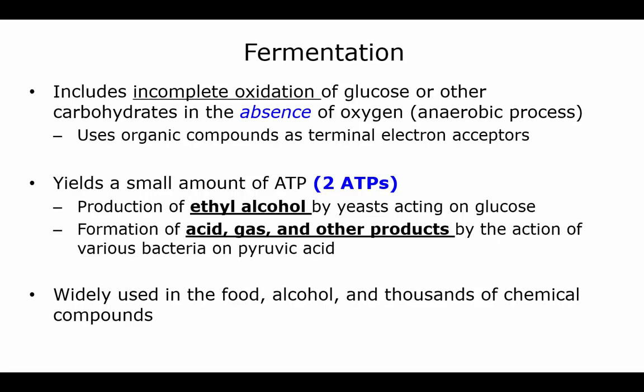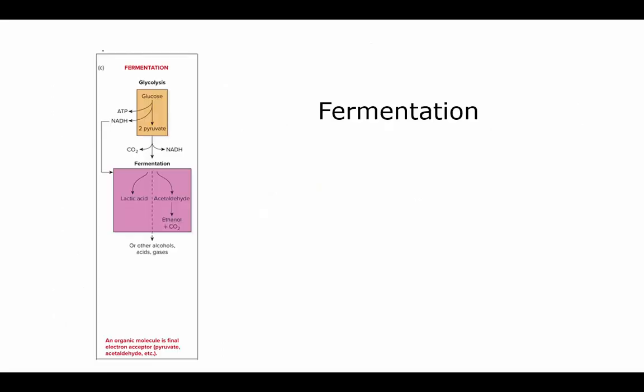And believe it or not, there's a lot of things that we use that use fermentation and don't use oxygen, and thus a lot of things that we actually use and enjoy are made through the process called fermentation.